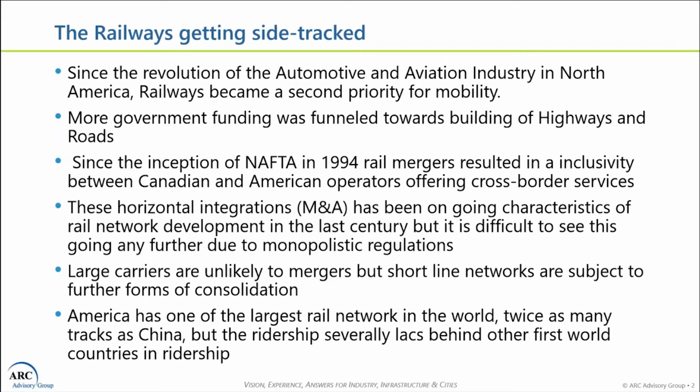Having said that, there were some mergers and acquisitions that somewhat expanded the railway network development within the last century. But we don't see this going forward anymore because of strict monopolistic regulations implemented by both of these countries. America has one of the largest railway networks in the world, even twice as large as China's, but the ridership, at least for passengers, is really lacking behind.